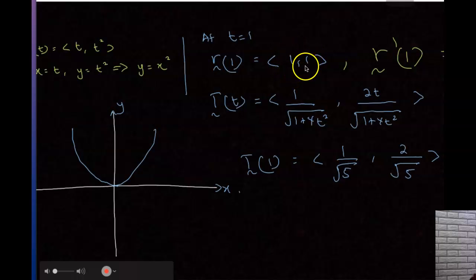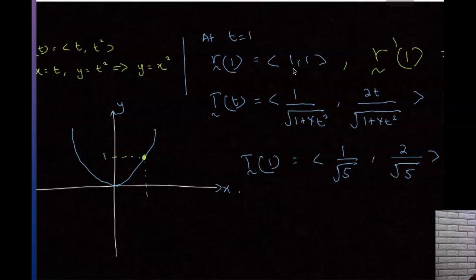Before you plot, you must be able to obtain the point, which is when t is equal to 1, (1, 1). So let's say this is the point. This is 1 and this is 1. So that is located at the point (1, 1).